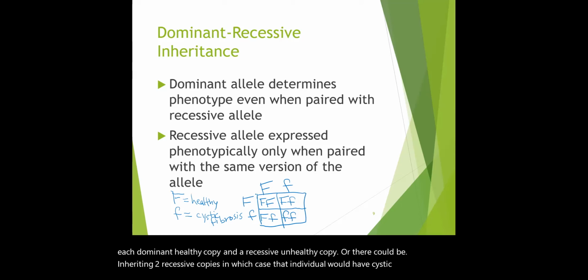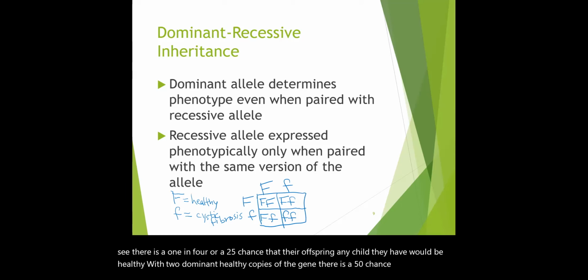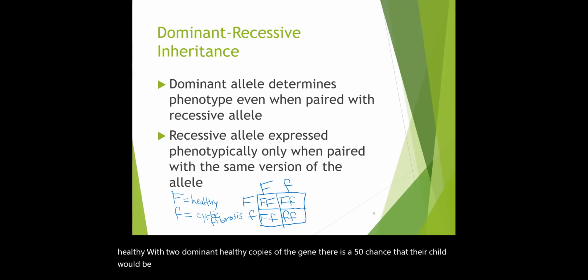So we can see there is a 1 in 4 or a 25% chance that their offspring, any child they have, would be healthy with two dominant healthy copies of the gene. There's a 50% chance that their child would be healthy but a carrier of cystic fibrosis like themselves.